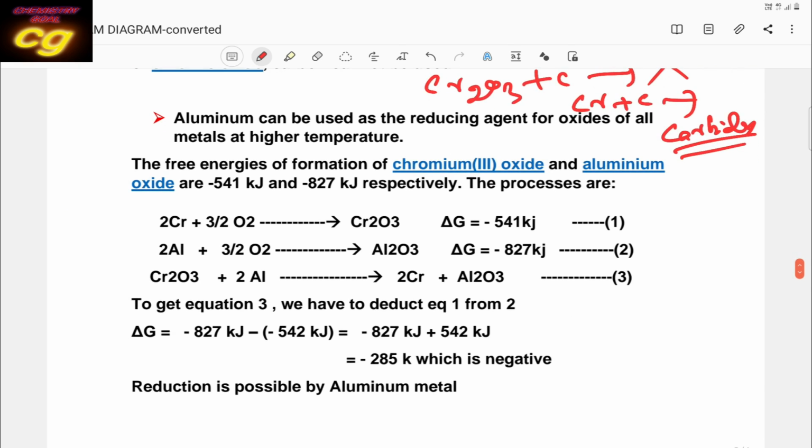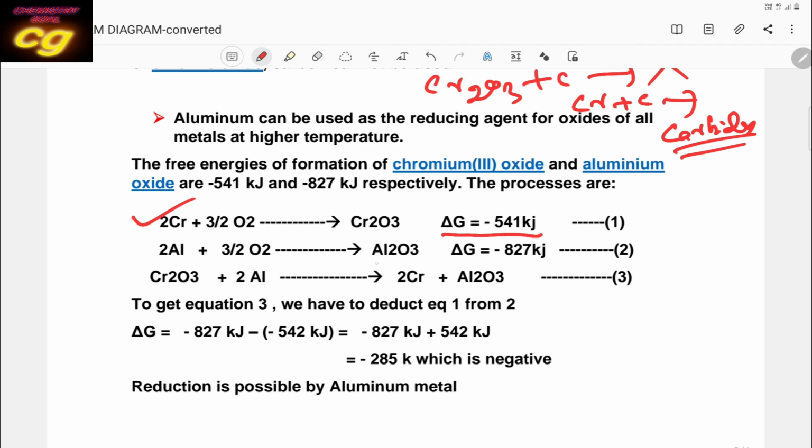Then another very important application: which metal can reduce the other, chromium or aluminum. For example, the formation of chromium oxide has a del G value of minus 541 kilojoule.